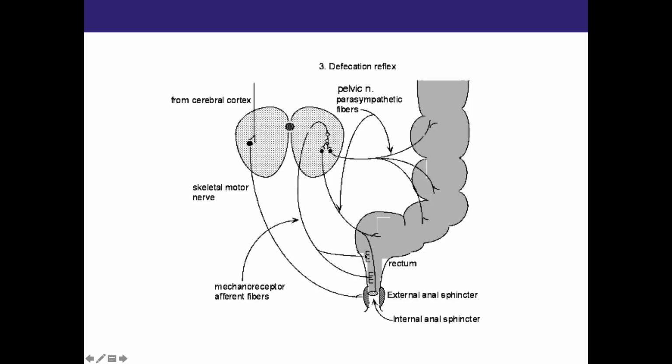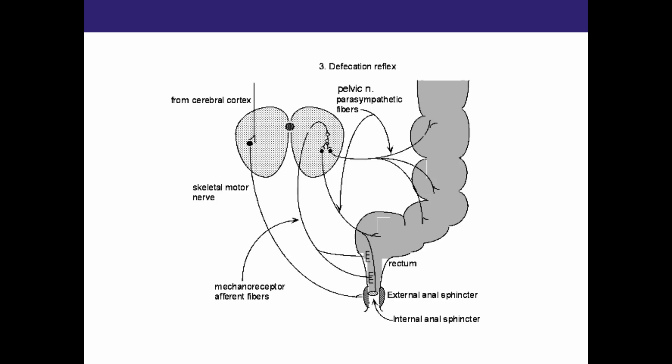It sends a signal to the spinal cord, which causes the colon to contract and the internal anal sphincter to relax. It automatically relaxes when this defecation reflex is initiated.